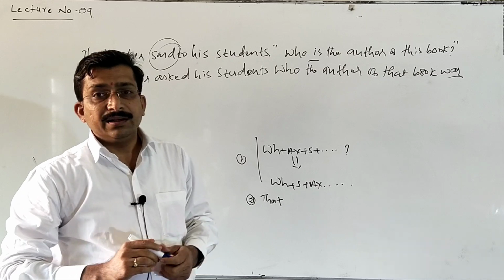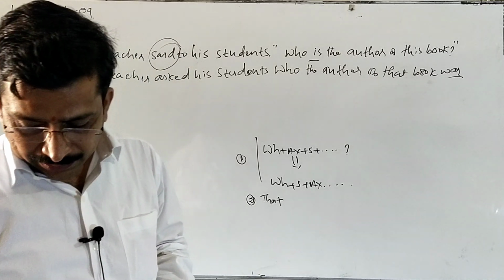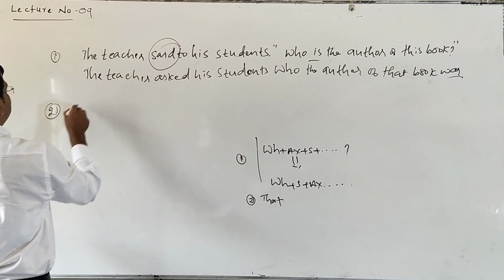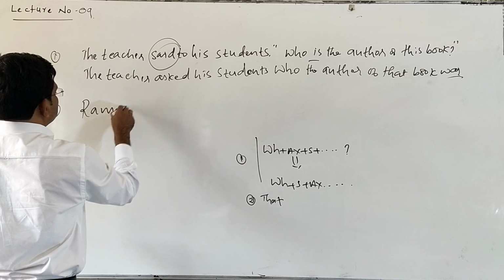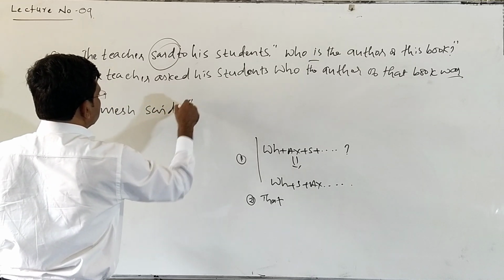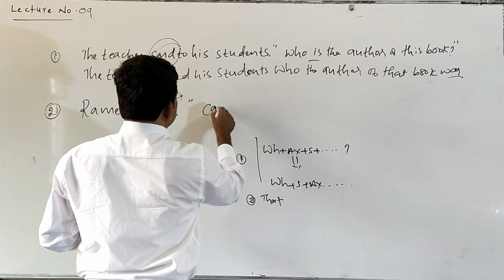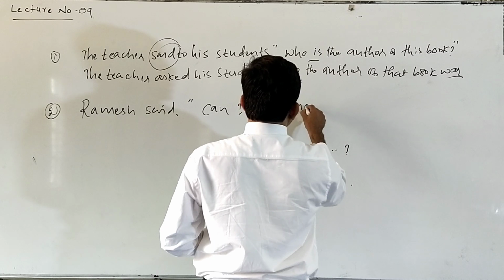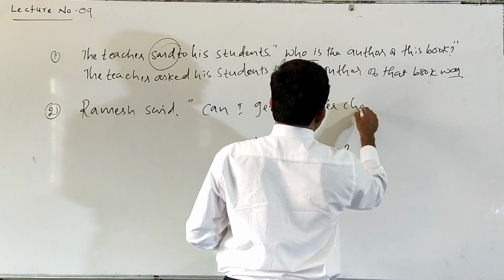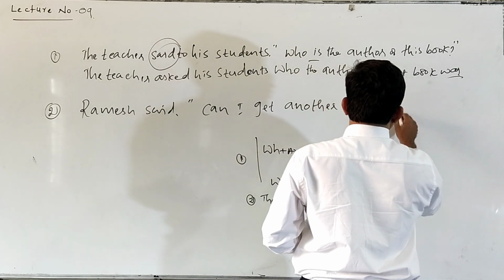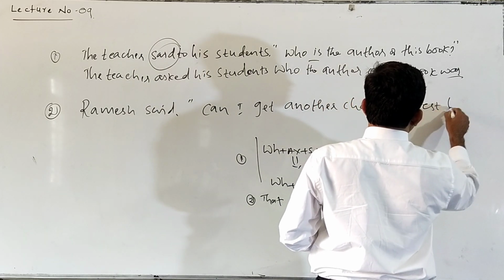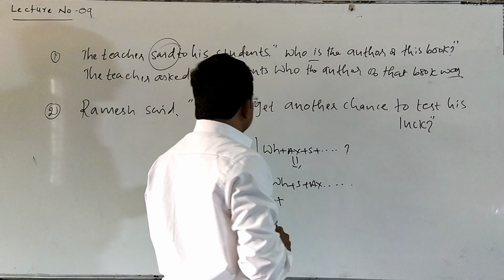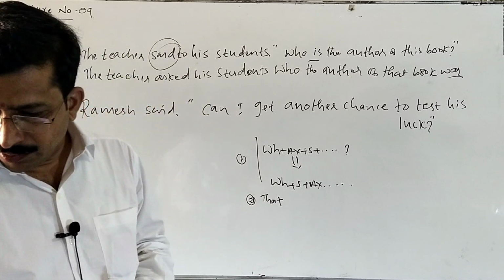Now concerned with an auxiliary form, here Ramesh said, second one auxiliary form, Ramesh said, "Can I get another chance to test his luck?"